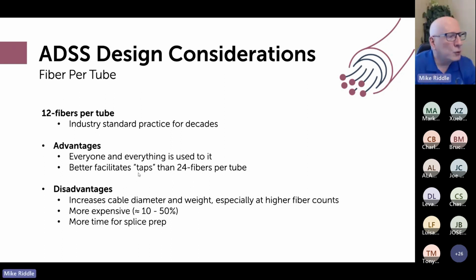The lower fiber count does work well if you're making mid-span taps for like a fiber to the home architecture. Works a little bit better than 24, although 24 can work. But as I say, as your fiber count goes up, you're going to increase your diameter and weight. You're going to increase your cost from the cable, and it's going to take more time to do splice prep, right? Because more tubes to work with.